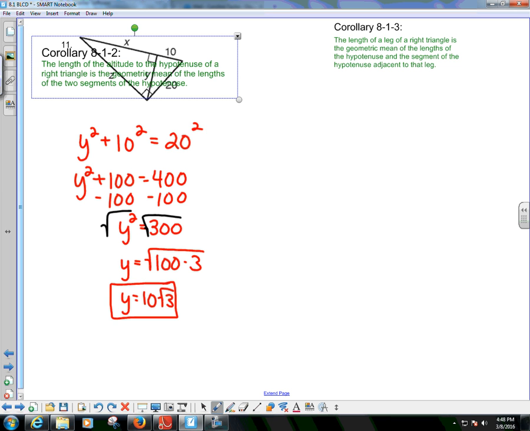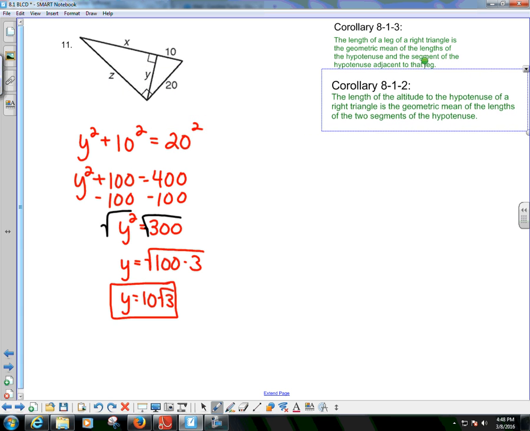All right, so this tells me the length of the altitude. This is the one where the altitude squared was the geometric mean, the product of the two segments of the hypotenuse.